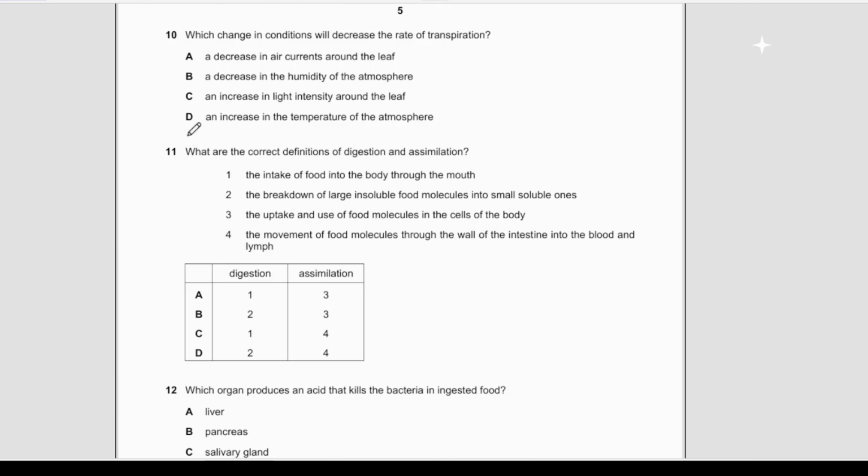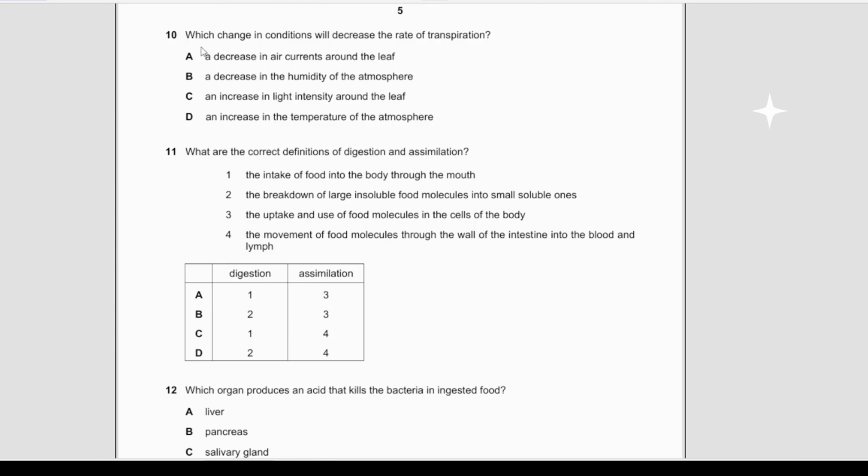Which change in condition will decrease the rate of transpiration? A decrease in air current? Yes. A decrease in humidity? No. An increase in light intensity? No. Increase in temperature?